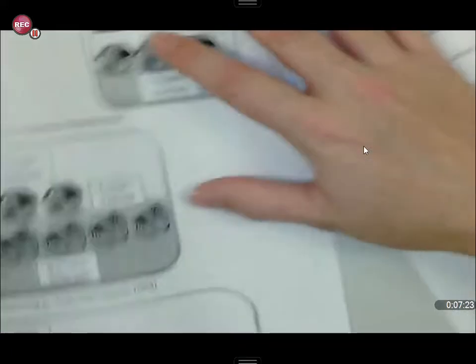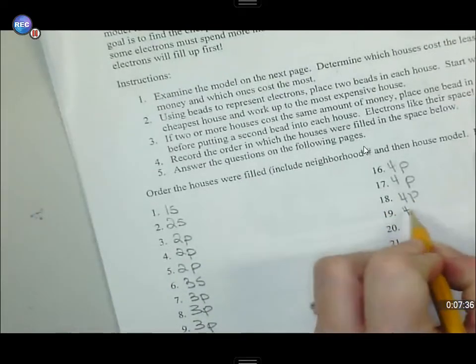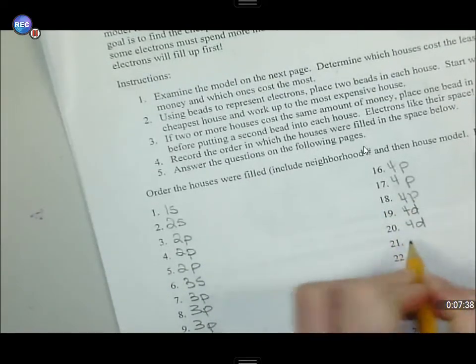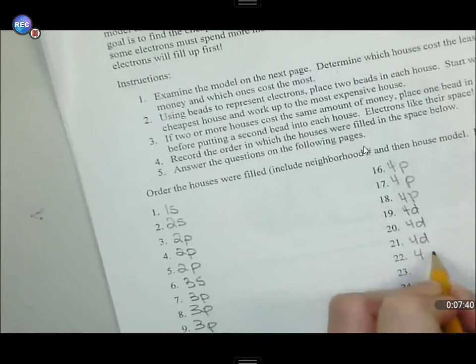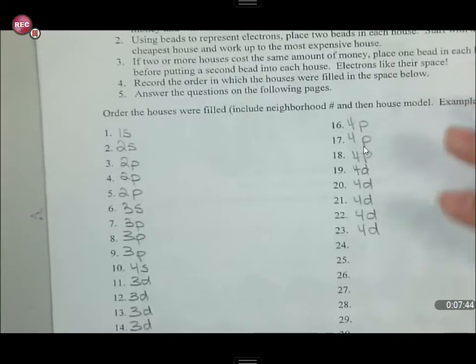Then we're ready to move to the next set of houses, correct? It's 230,000. It's the D model. We're in neighborhood 4, so 1, 2, 3, 4, 5. There's 5 of them. So it's going to be 4D, 1, 2, 3, 4, and 5. So we filled up the 4D houses.